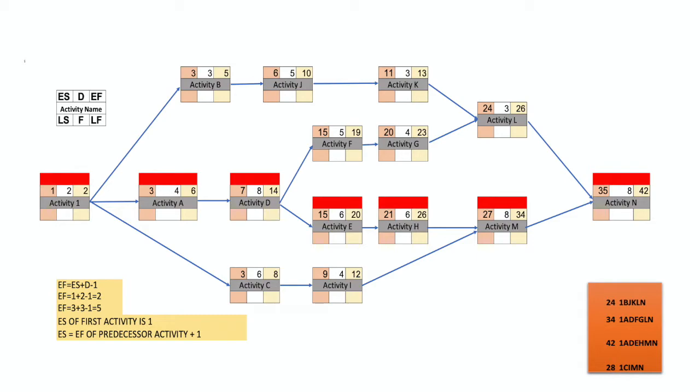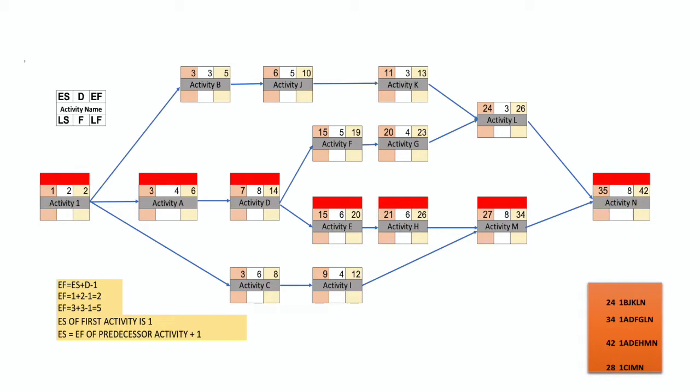If we take 13 plus 1, 14, on day 14 activity G is not yet completed, so we cannot start activity L. So when using the forward path method, we take the biggest value, in this case 23. So early finish 23 plus 1, 24, becomes the early start of activity L. With 3 days duration, 24 plus 3 minus 1 is equal to 26, and we go to activity N. Here activity N also has the same scenario.